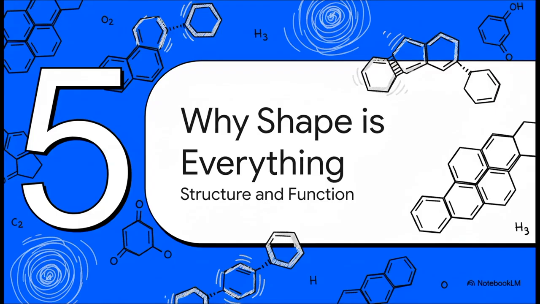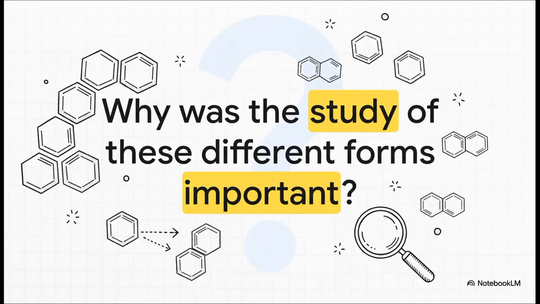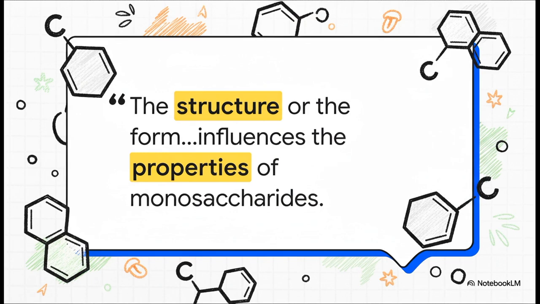But at the end of the day, why does any of this actually matter? Well, the source material itself asks the perfect question to tie it all together. Why is it so important to study all these different forms? And here's the answer, straight from the source. It's because the shape, the form that a sugar takes directly controls its properties, how it tastes, how it reacts chemically, and crucially, how our bodies can or cannot use it.